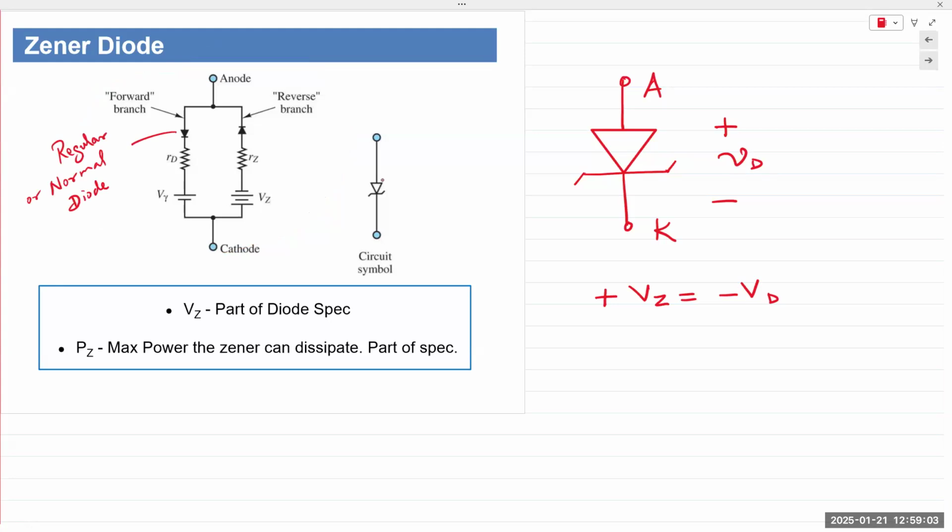So in the reverse bias, we can model it as a diode with the resulting voltage Vz that is required to overcome that breakdown. In forward bias, of course, you have a forward bias diode and the junction potential, which is 0.6 or 0.7 volts for silicon.